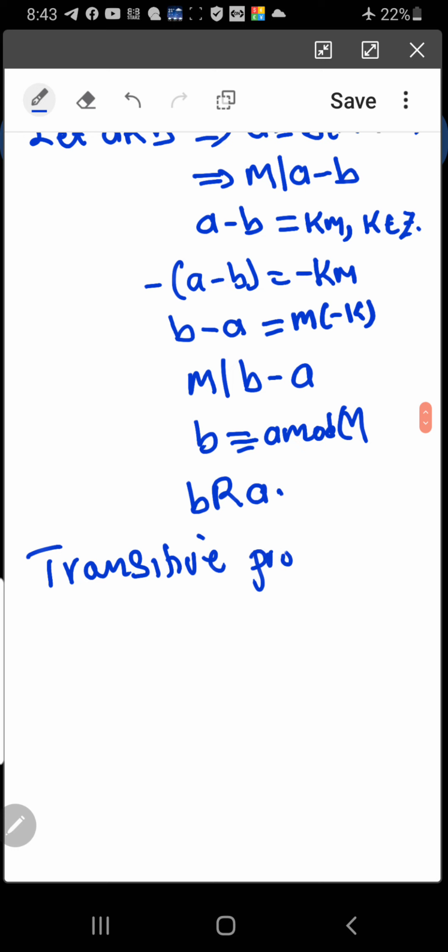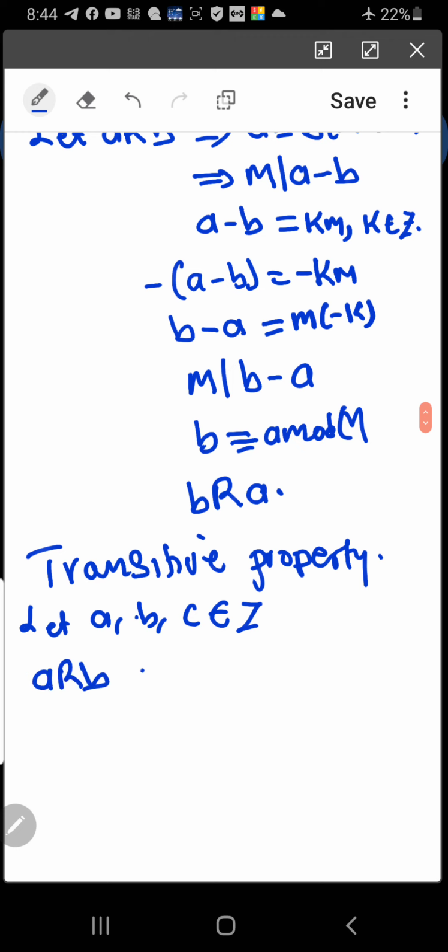Transitive property. A relation R on a set is transitive if we take A, B, C. Let us have A, B, C coming from Z. This relation is transitive if A relates B and B relates C means A relates C. If A relates B and B relates C, then A relates C, which means that the relation is transitive.